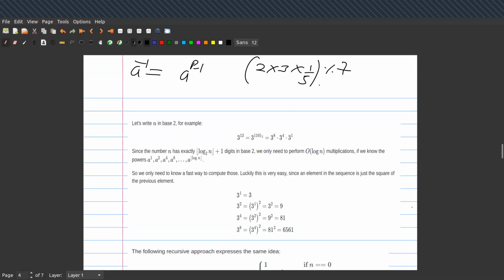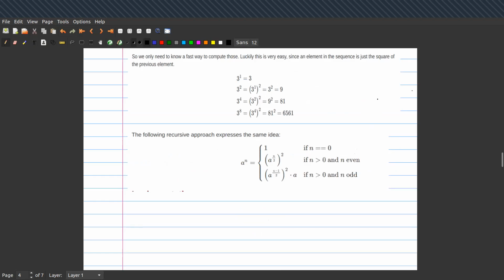How will we solve this? We will do 2 into 3 into 5 inverse mod 7, which is equal to 2 into 3 into 5 to the power 7 minus 1 mod 7. So we have to find an exponent.